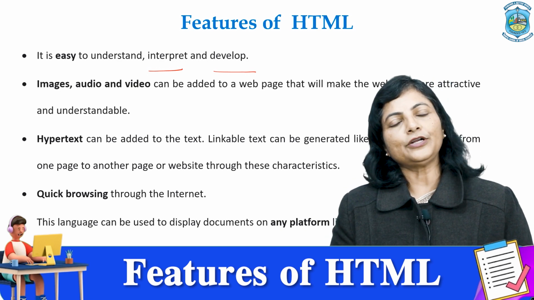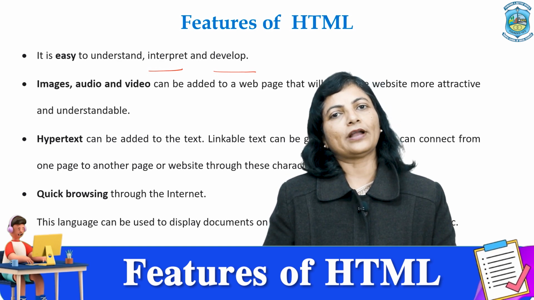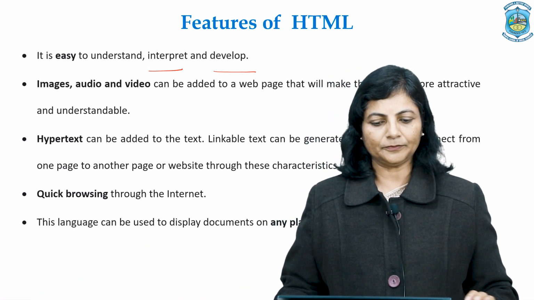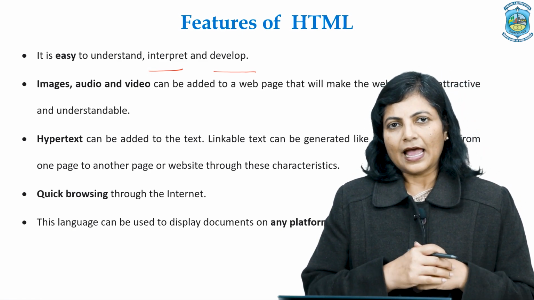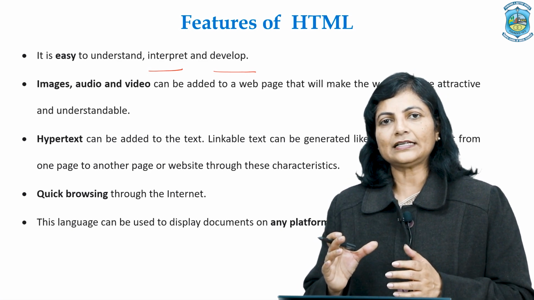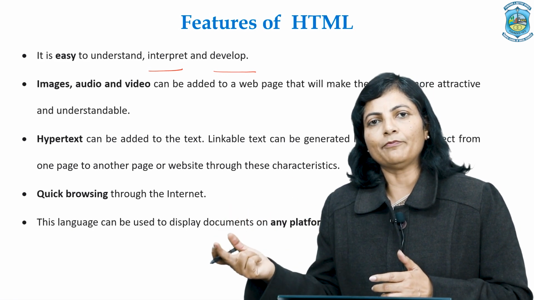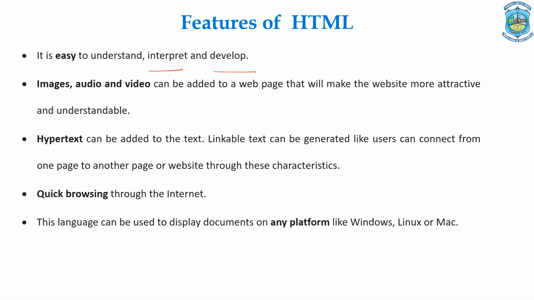Images, audios, and videos can be added into your website to make the website more attractive and understandable. Hypertext can be added to the text, as we have already learned that hypertext is the text that shows that it is linked with some other web page or website. It allows you to browse quickly through the internet. This language can be used to display documents on any platform. It can be Windows, Linux or Mac.